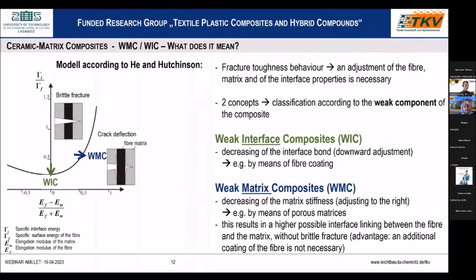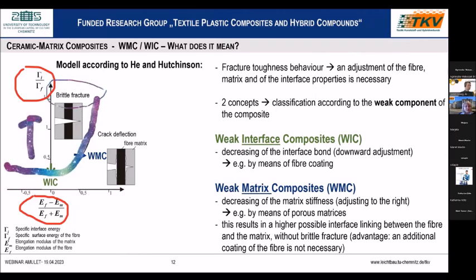explained the crack deflection at an interface of two different materials with the help of fracture mechanics. As the figure shows, the boundary curve for the ratio of the specific interfacial energy and the surface energy of the fiber is plotted against the offset of the Young modulus of fiber and matrix.